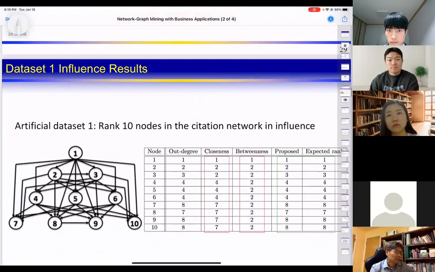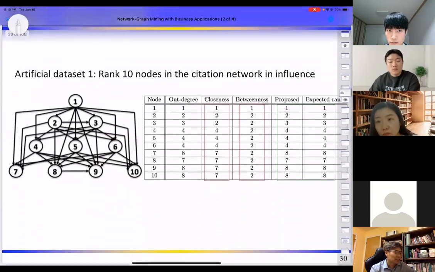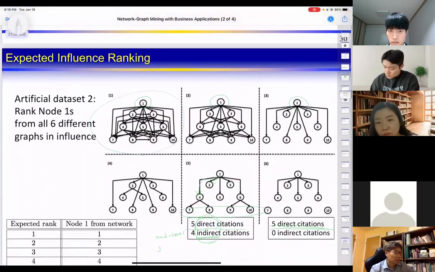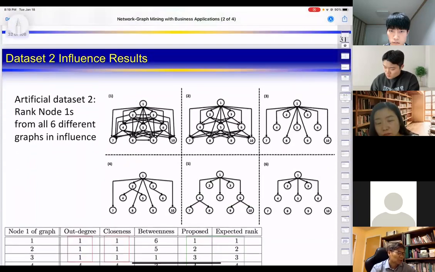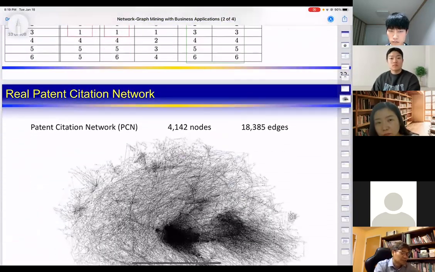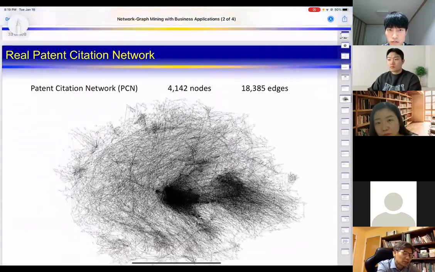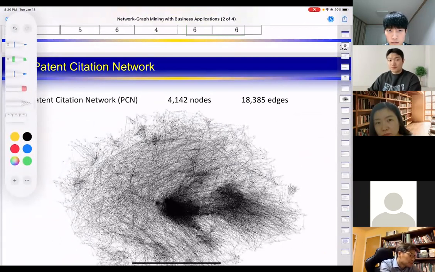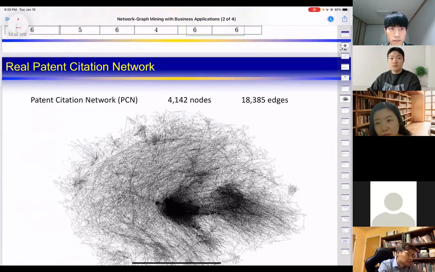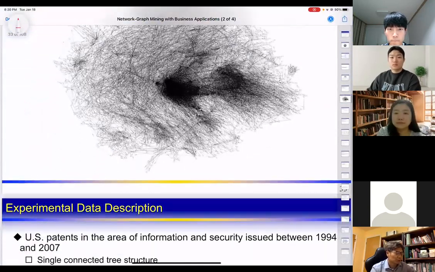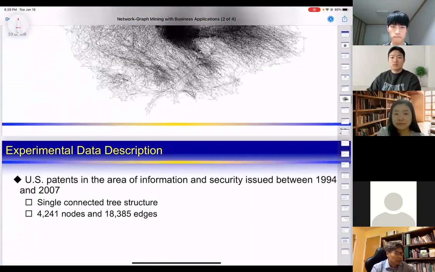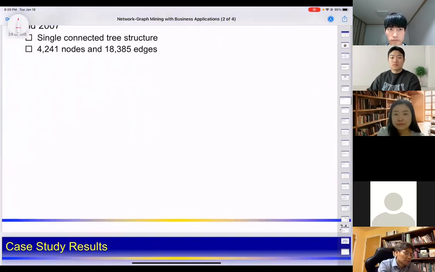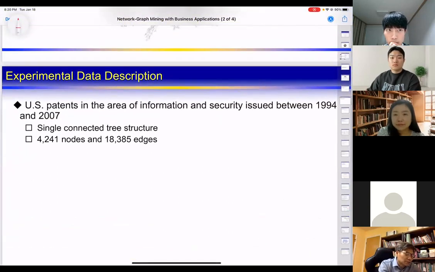So now, based on our idea, we can measure the importance of each node, right? For our real life data, this is actually published work in a very good IEEE journal. We reduced to only 4,000 nodes, actually huge networks. We ranked the patent citation network in the information and security area.